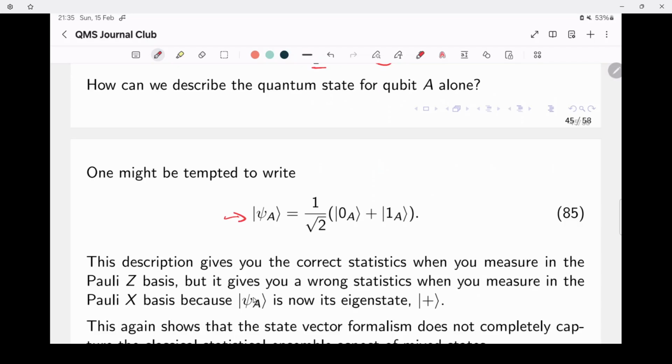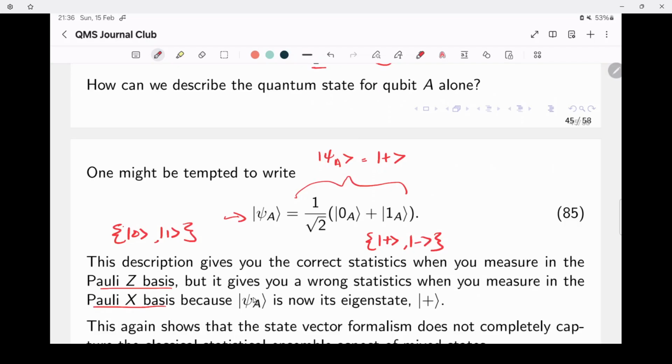But this is actually not the correct description because even though when you write in this form, equation 85, it will give you correct statistics when you measure in the Pauli Z, which is the 0 and the 1. But if you measure in the Pauli X axis, which is the plus and minus, we obviously know that this whole thing you can write in terms of the plus basis.